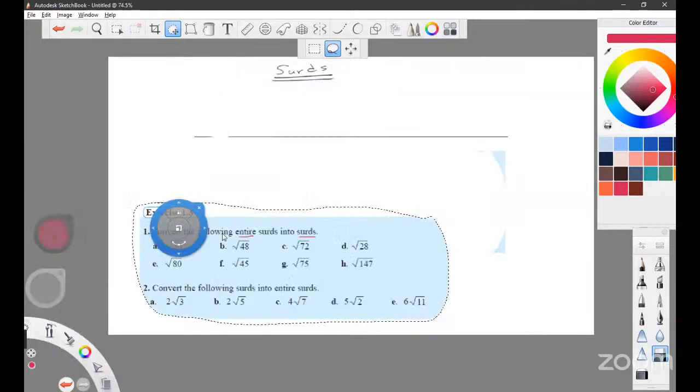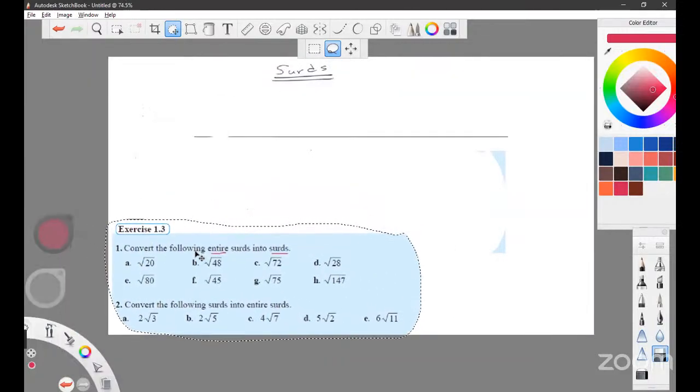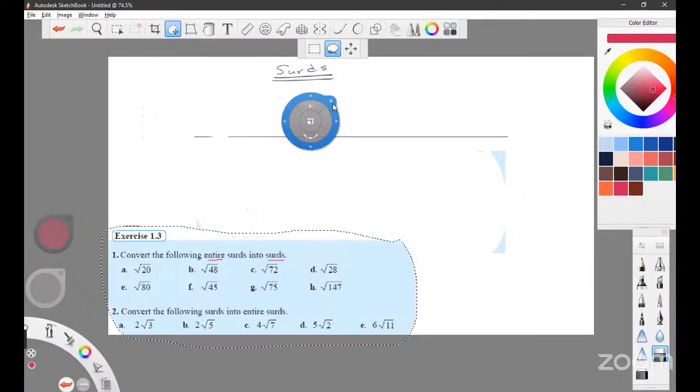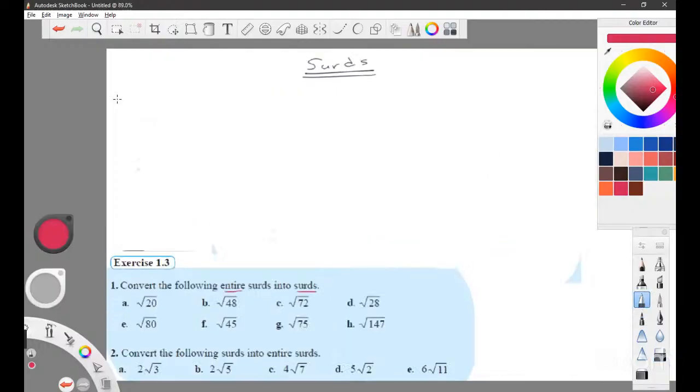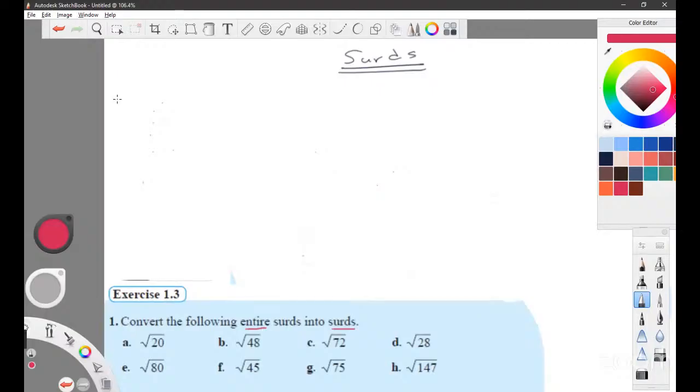So I'll just keep this here. Here, our first question is root 20.